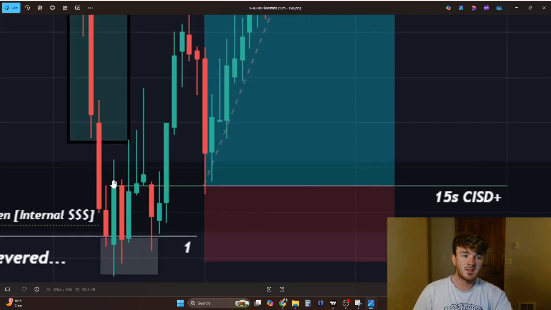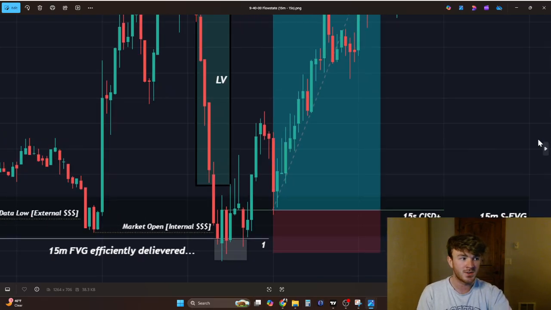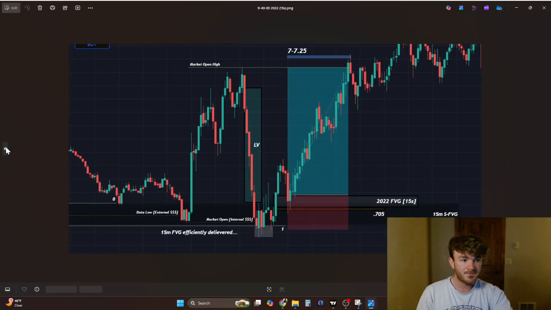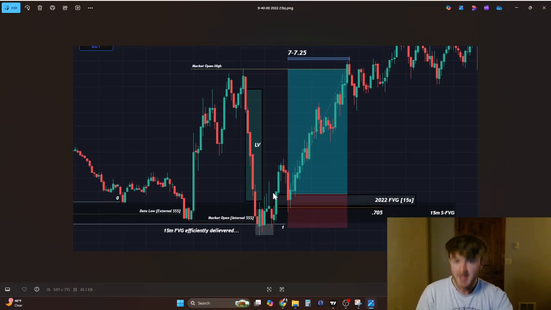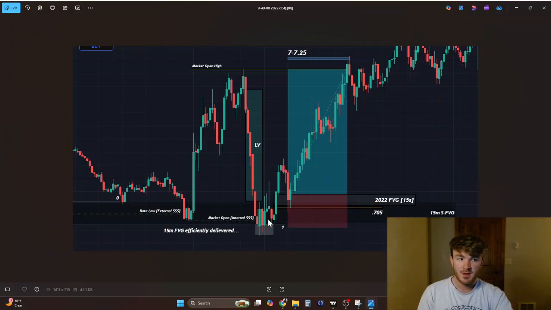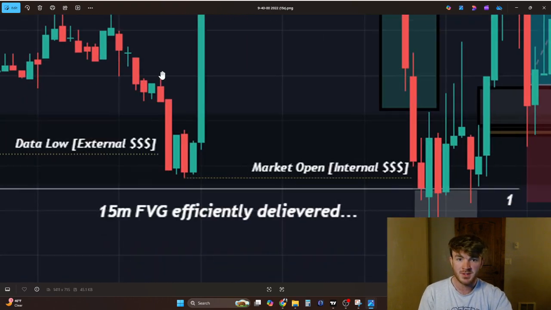Anyway, in this case, aligning this with a 15-second change in state retest, boom, right? You can see this is also a 2022 model, and I called this out live as well. I said, hey guys, we got a liquidity sweep, then we started getting displacement above an old high. This is on the 15-second chart, by the way. So liquidity sweep of market open lows. Note how both of these lows are specific lows.